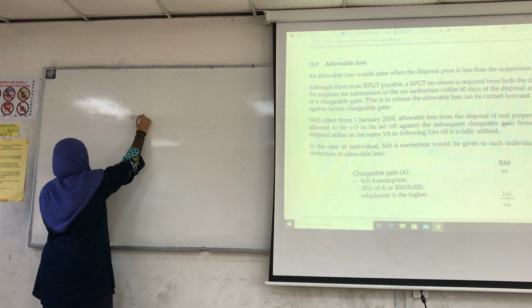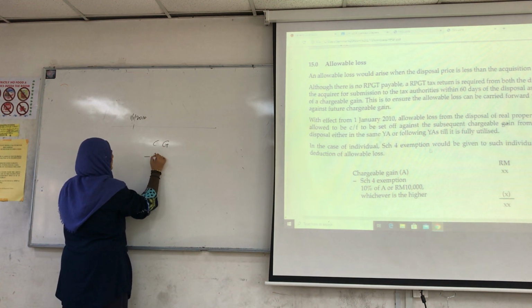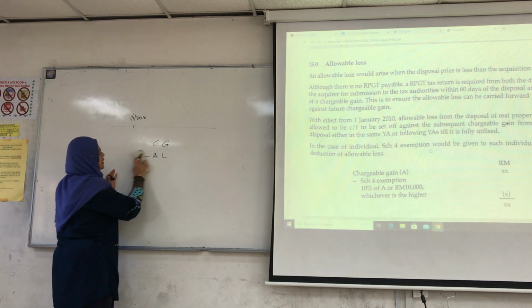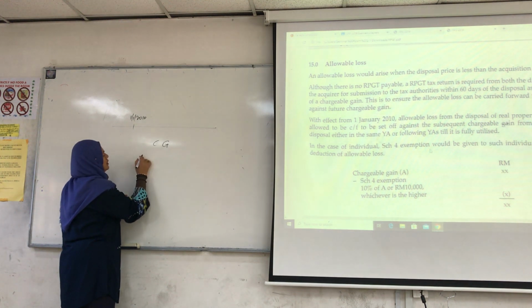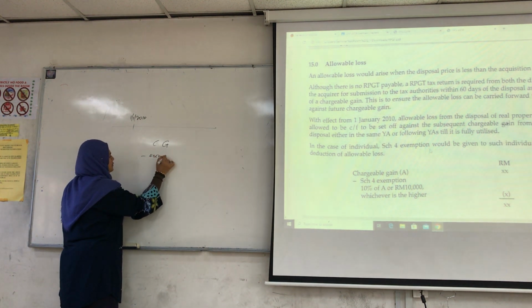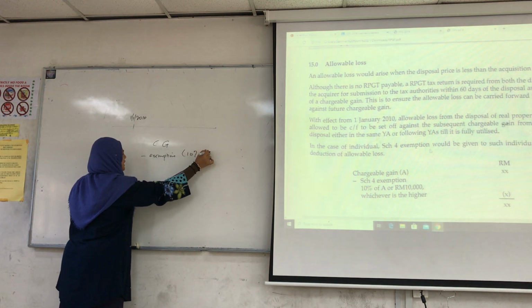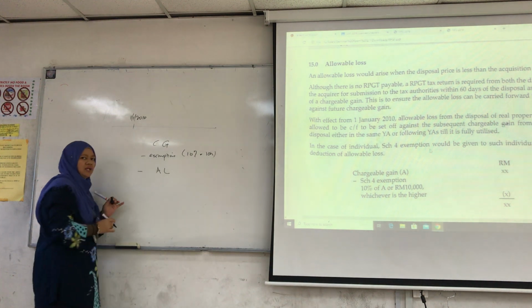So whenever you have a chargeable gain, you can minus your allowable loss. But remember that if you are an individual, you take the chargeable gain minus the exemption first, which is 10% or 10,000. Then only you minus your allowable loss.